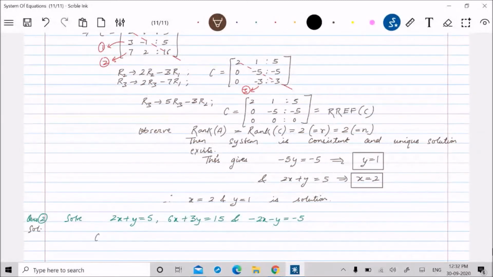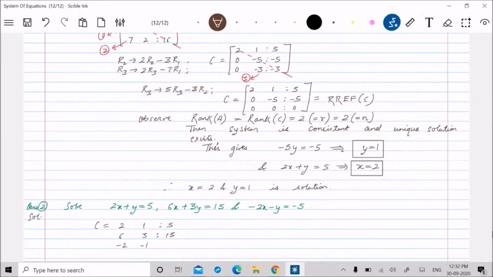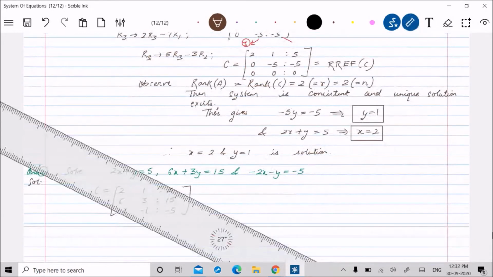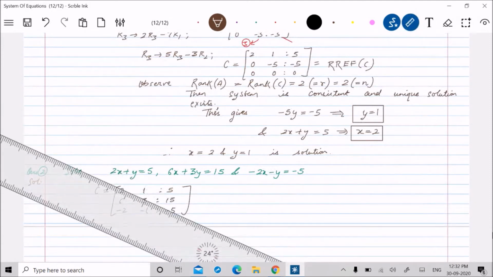So if you try to form the augmented matrix, I'm just writing the elements of the augmented matrix. That will be 2, 1, partition 5, 6, 3, partition 15, and minus 2, minus 1, partition minus 5. So this is your augmented matrix, and again you can identify the diagonal, and this is the diagonal, right?